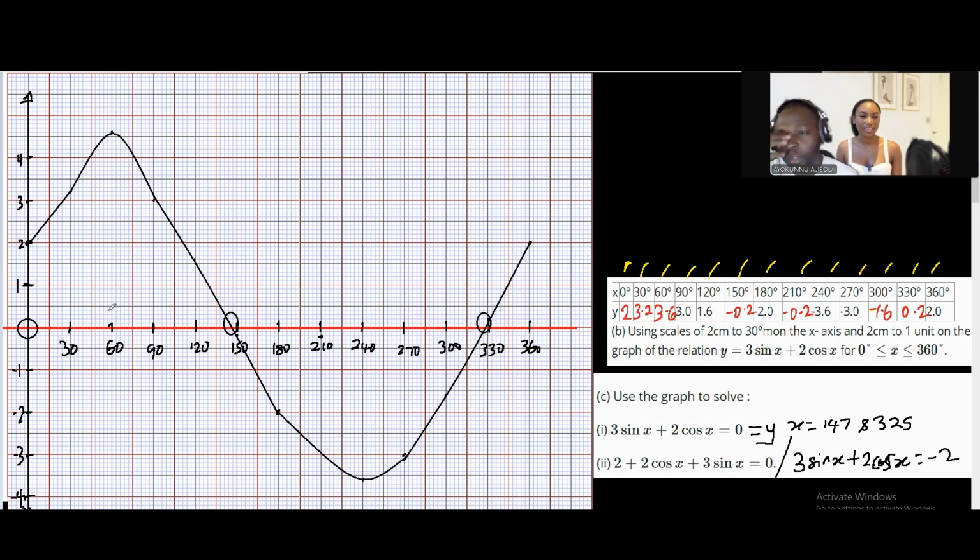So we're going to find when y is negative 2, what's the value of x, okay? Yes, sir. So when y goes to negative 2, if we trace it, from negative 2, it meets the graph at 2 spots, right? Yes, sir. So those 2 spots will be the answer for that. Is that clear? Yes, sir.